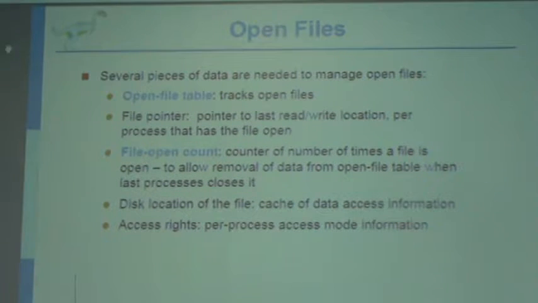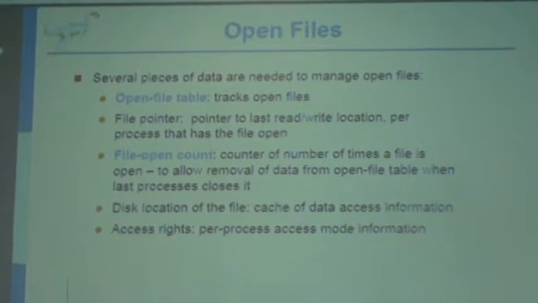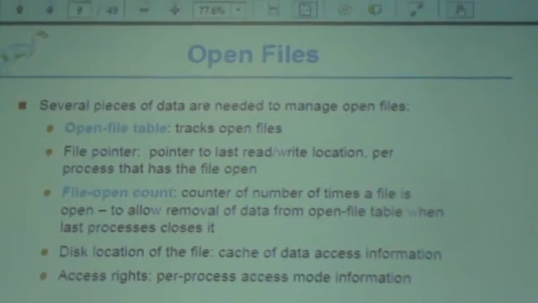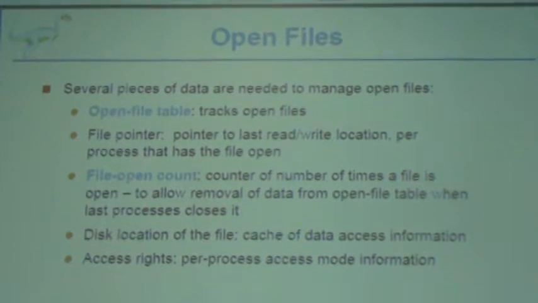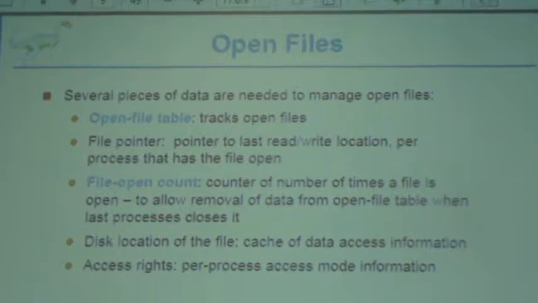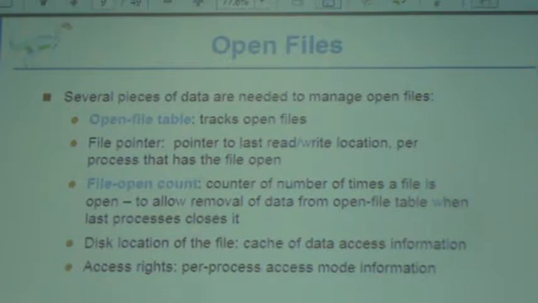Typically the operating system has 2 levels of tables to store the entries of the open files. The lower one is the per-process table. The per-process table contains the entry of every file each process opens. There is another higher-level table called the system-wide table.